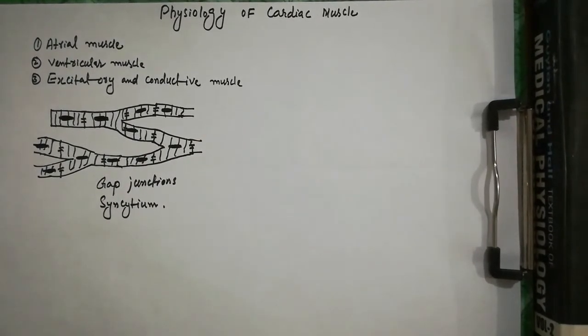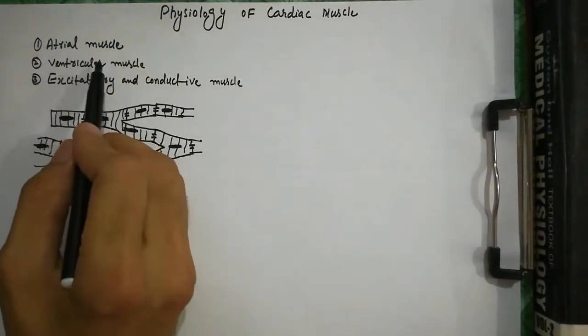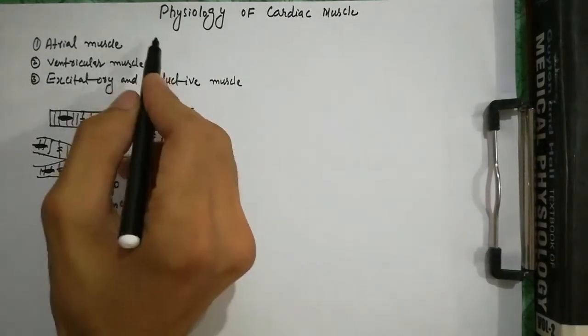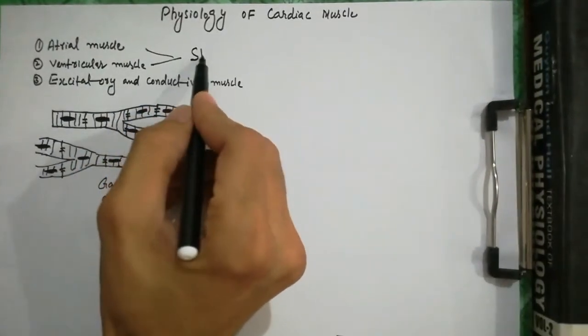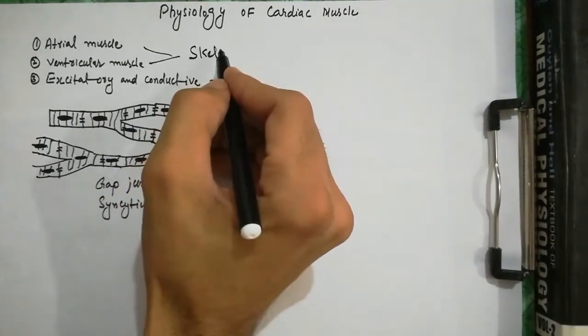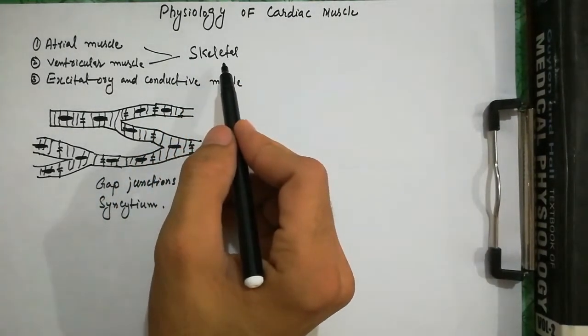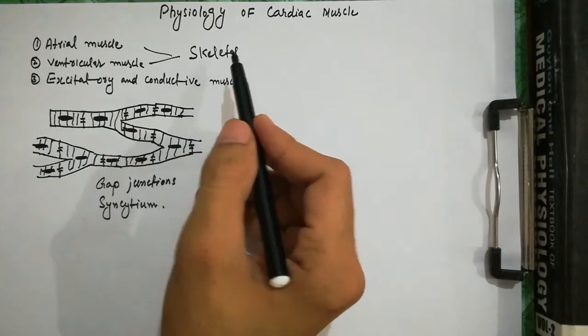Atrial and ventricular muscles contract in the same way as skeletal muscles, and skeletal muscle is discussed in its respective lecture.